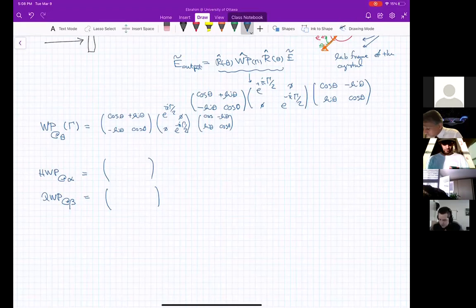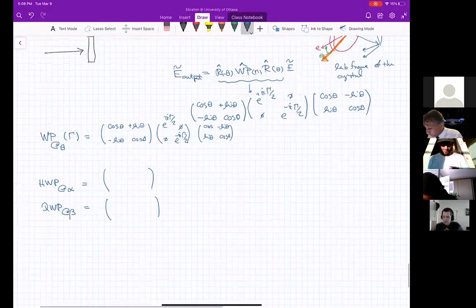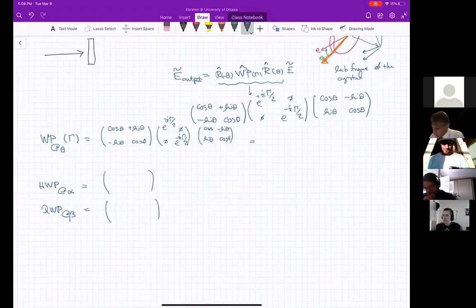So the matrix form for the entire situation will be e to the power of minus i gamma divided by 2.